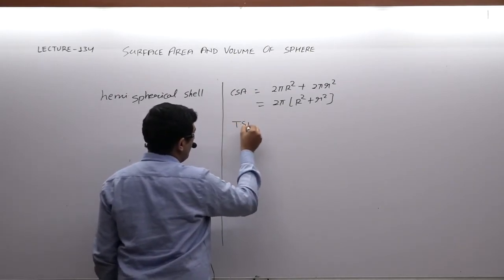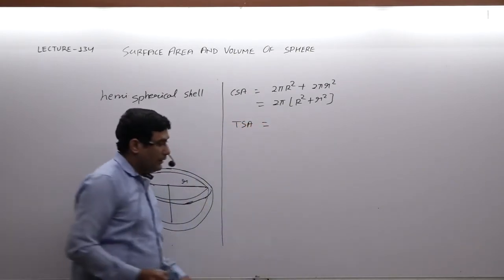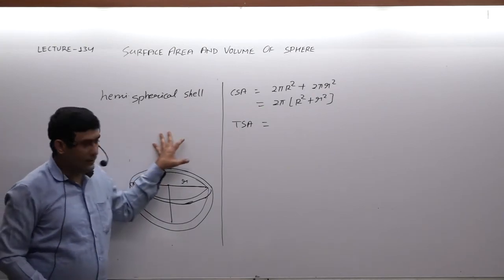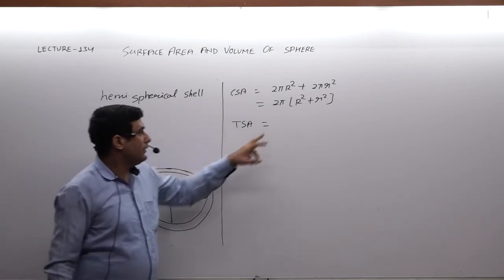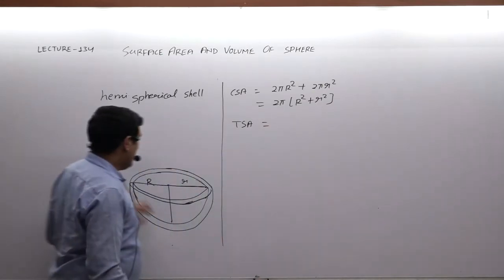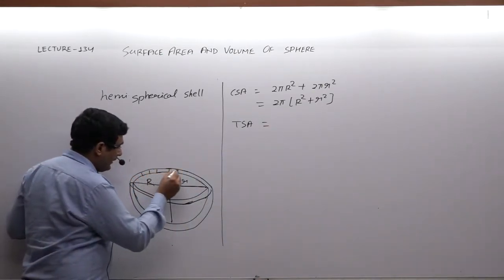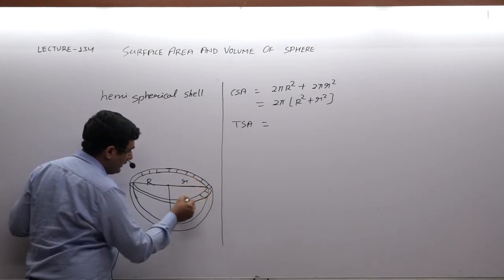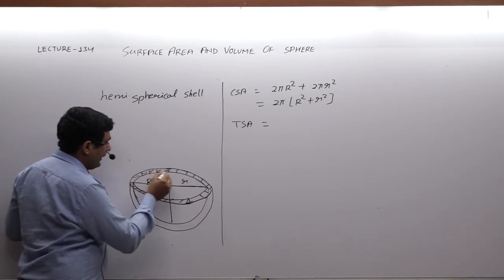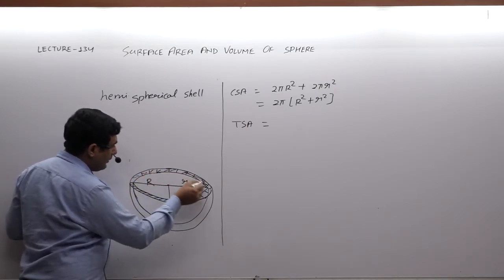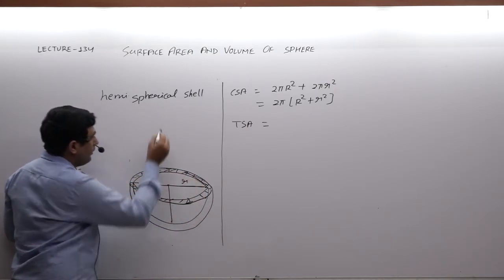Now total surface area, as I am always reminding you, is always easy to find if we have the curved surface area. Now this is the curved surface area. Other than this, which surface are we finding? This ring, that is a flat surface. So I can add the area of this ring, and the area of this ring is the area of the outer circle minus the area of the inner circle.